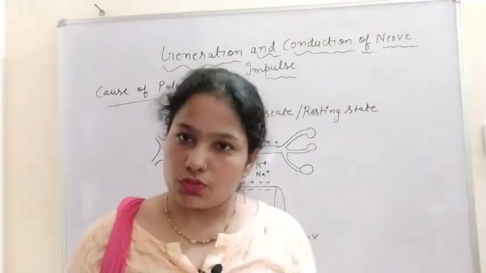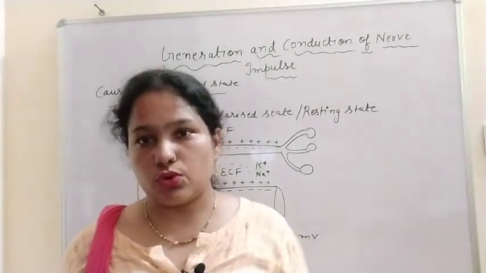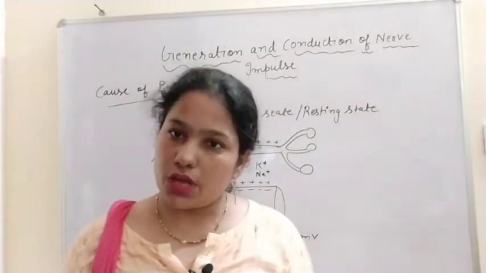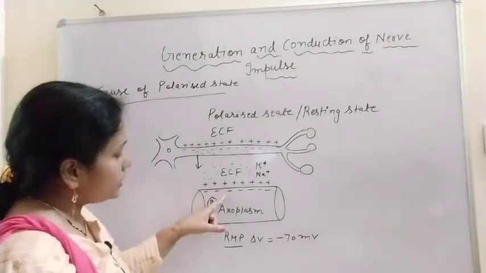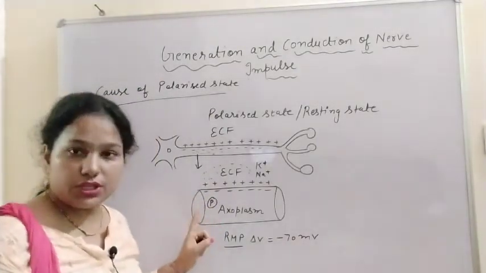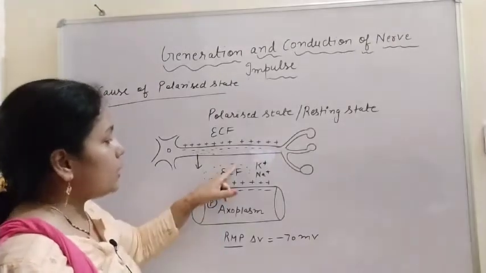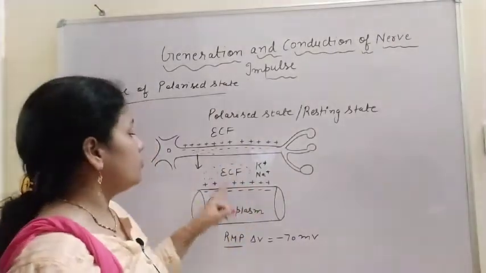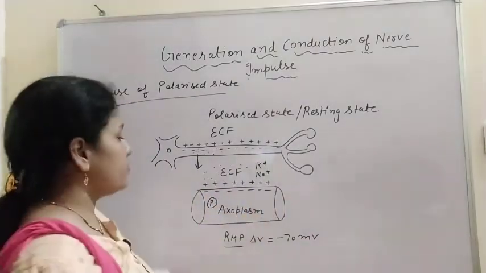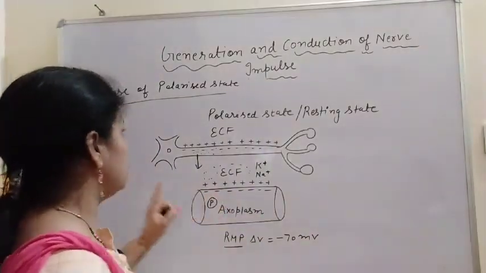They have positive charge also, negative charge also. So due to the presence of the amino acids, these proteins are negative. So the proteins inside the axoplasm are more, and outside the positive ions are there. So outside the positive charge is present and inside the negative charge.